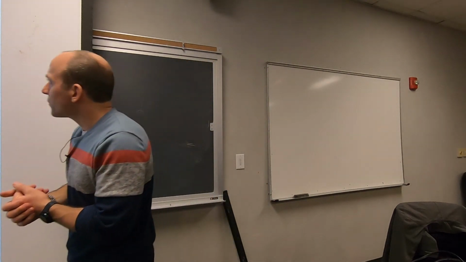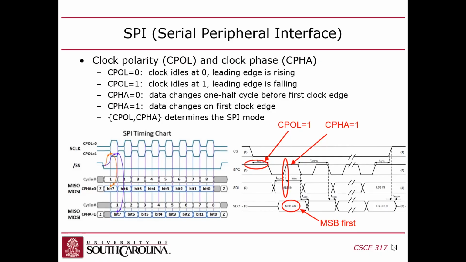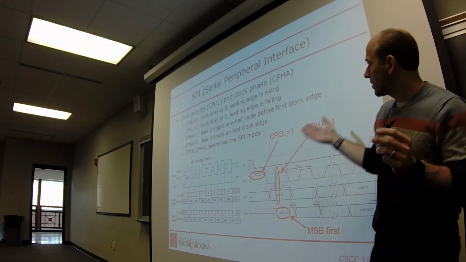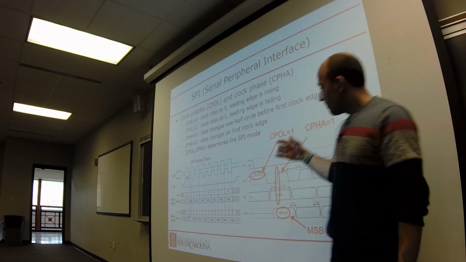Okay, so what about CPOL and CFA? Is everyone clear on this? I'm not sure how well I explained this last time. So there are 3 things you have to set up. Anytime you talk to a peripheral through SPI, you have to set up the SPI to match the timing that's expected by that device, and that's through CPOL and CFA.